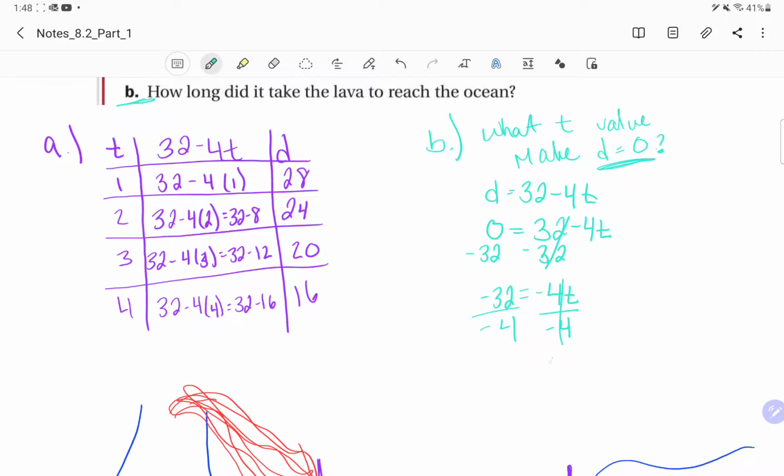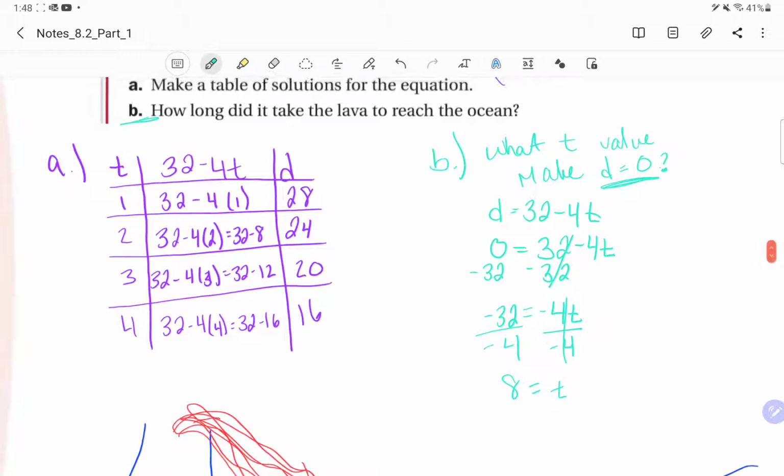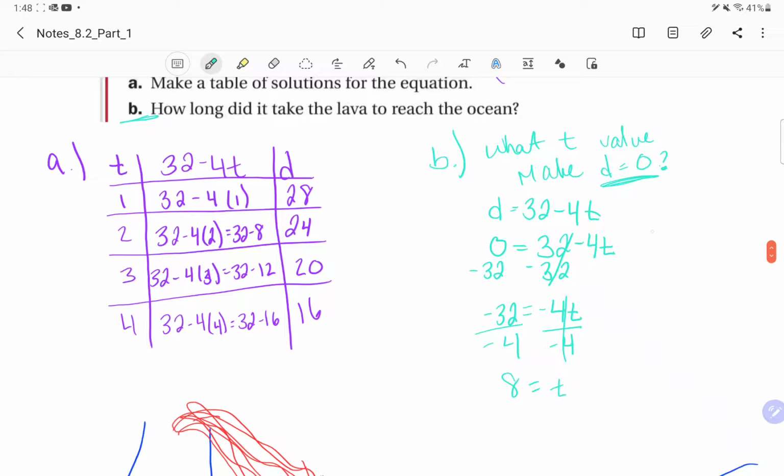Those cancel. That leaves me with just t equals 8. So how long did it take the lava to reach the ocean? It took the lava 8 hours to reach the ocean. Okay?